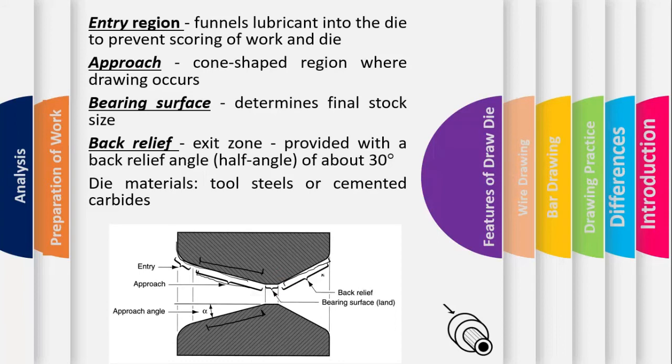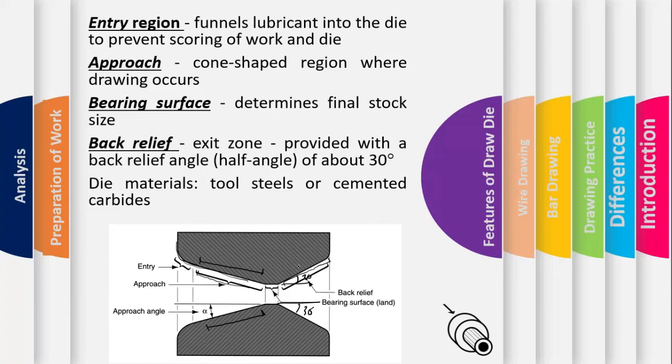The back relief region is the exit zone, provided with a back relief angle of about 30 degrees, so that if there's a spring back phenomenon, meaning as you know, the metals are elastic in nature, once they are deformed they try to regain their shape. So this provides some space for the metal to regain its shape, to expand again.